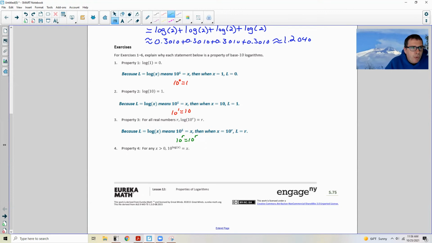Okay, property number 4. For any x that's positive, 10 to the power of the log of x equals x. So then we're just going to use the same rule we've been using.